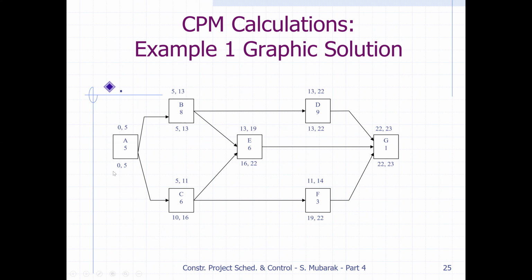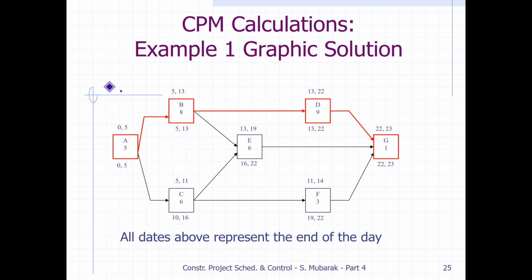So we have calculated the late start and late finish times of all the activities in the network diagram. Now we can find the total float. Here we have 0 minus 0, 5 minus 5, 13 minus 13, 22 minus 22. A total float of 0 gives us the critical path.